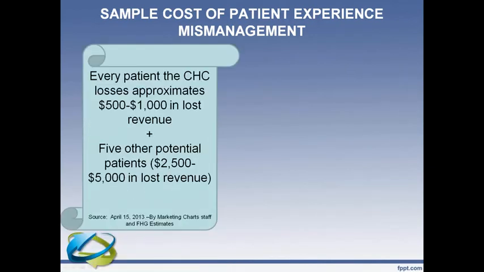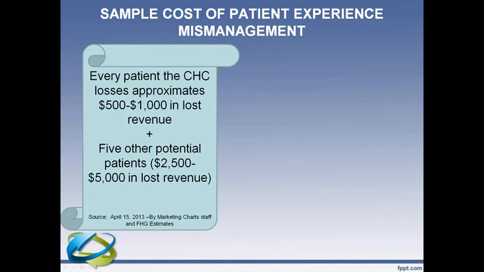The other thing is that every patient that a community health center loses costs them about $500 to $1,000 in lost revenue. If you remember, I shared with you that the average is about 3 to 4 visits for an adult, and if you think that patient's going to bring in at least 5 potential new patients, your revenue loss for every patient could be anywhere between $2,000 and $5,000.